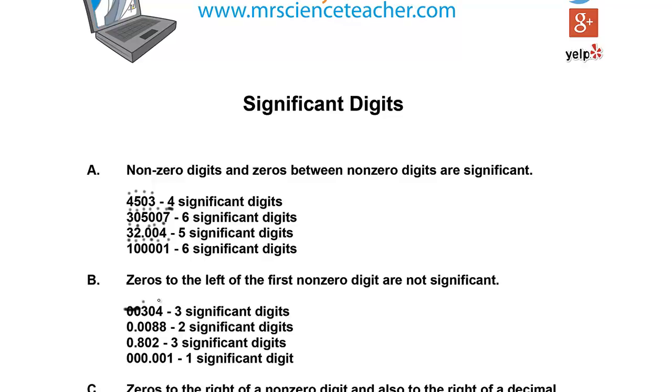So we have 1, 2, and 3 significant digits. Zeros here not. Here we have just 2 significant digits. We cross out that. 1, 2, 3 significant digits. All of these zeros are not significant. So we have 1 significant digit.